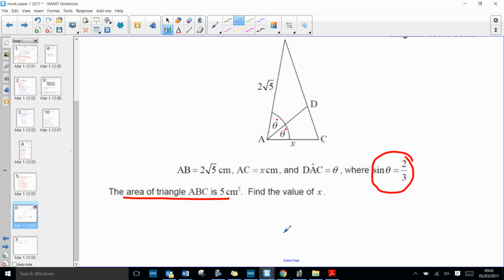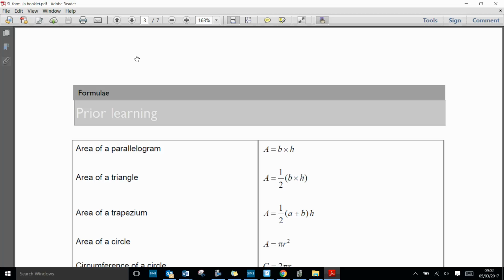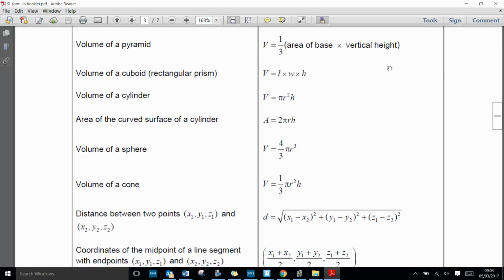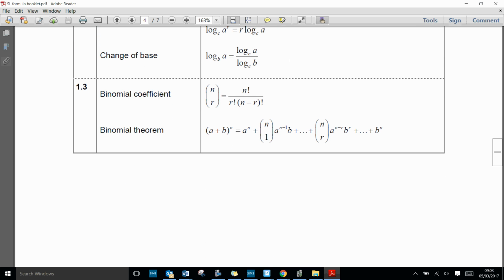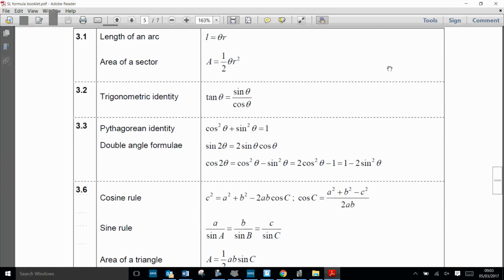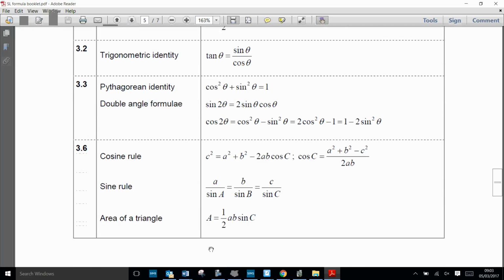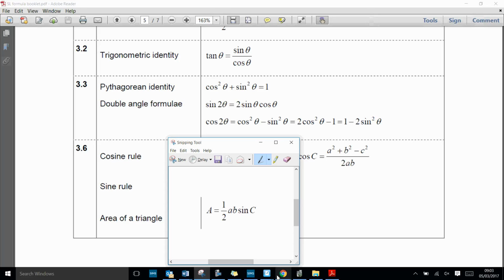So let me. Here we go. The area of a triangle is here.